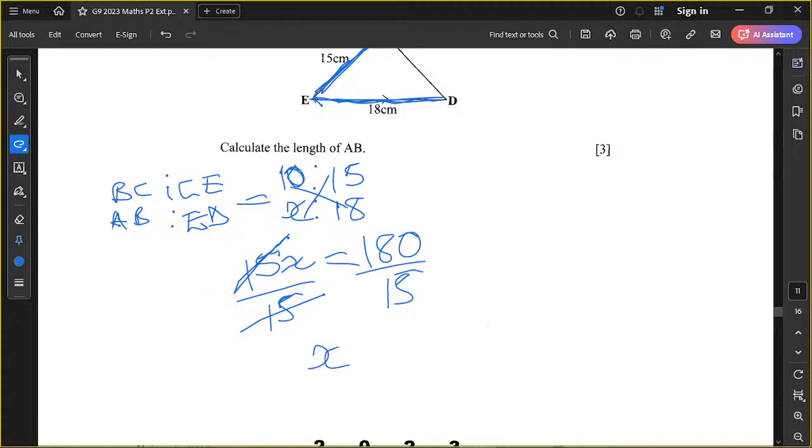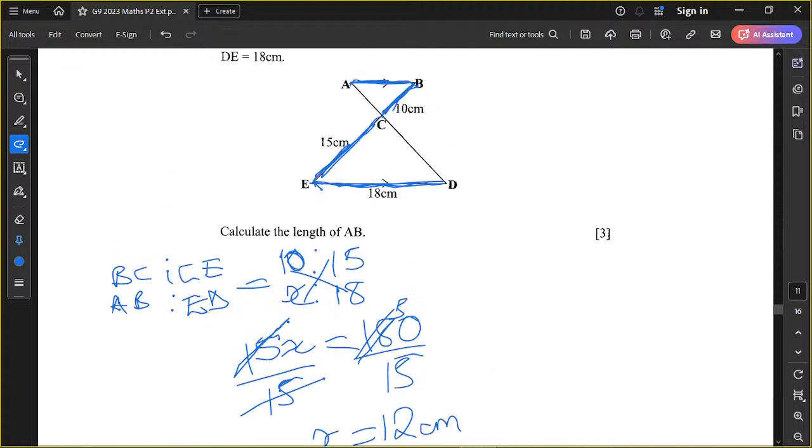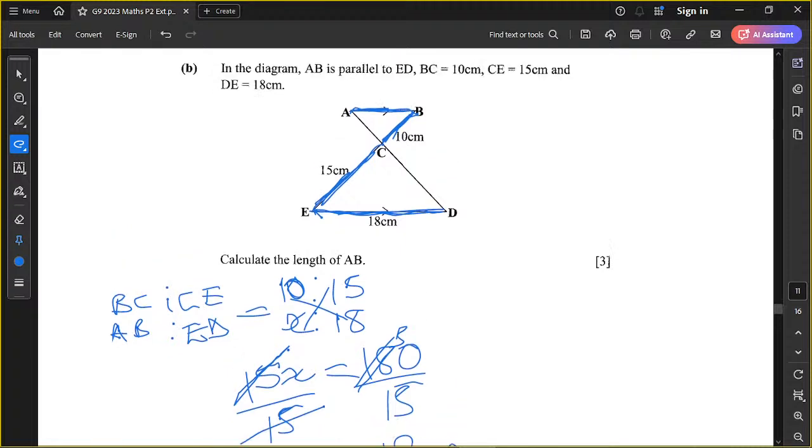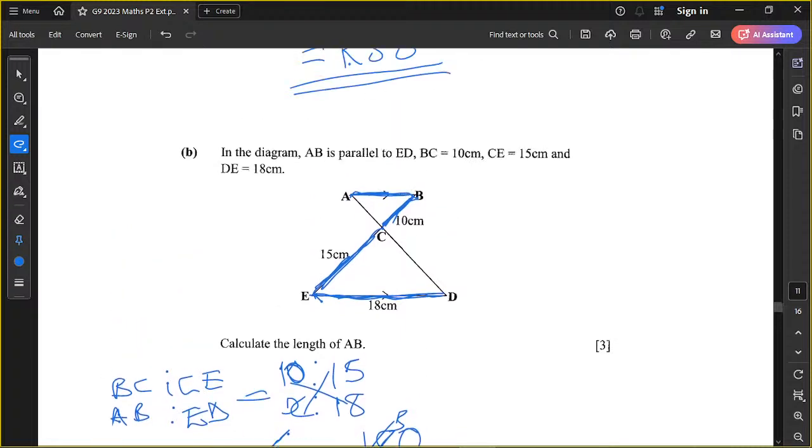So how many times can 15 go into 180? 15 in 18, it will go one time, remainder 3. So 15 into 30, it will go 2 times, which will give us 12 centimeter. Therefore, the length AB is equal to 12 centimeter.